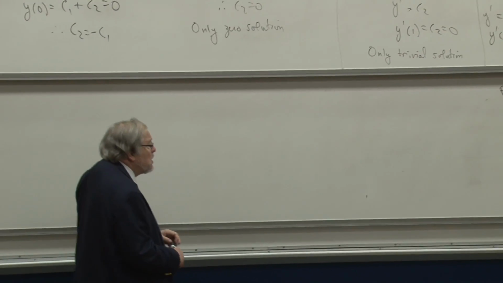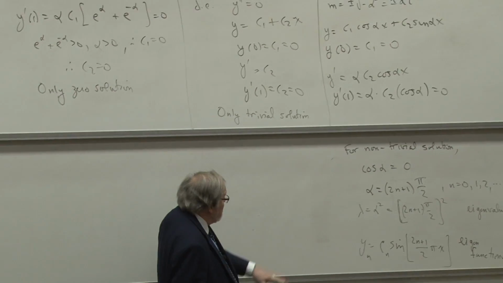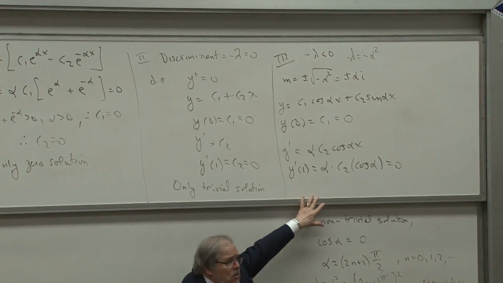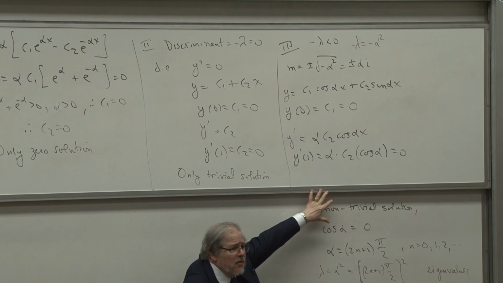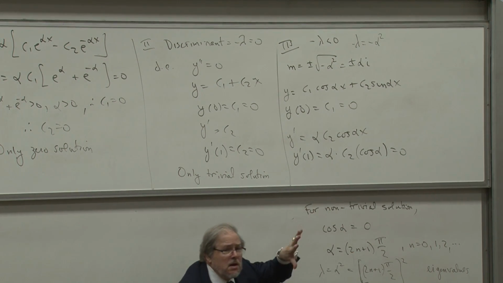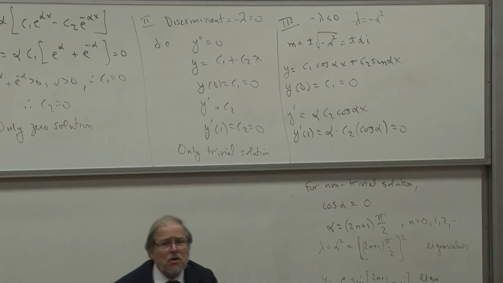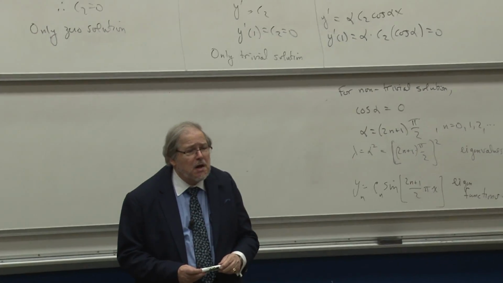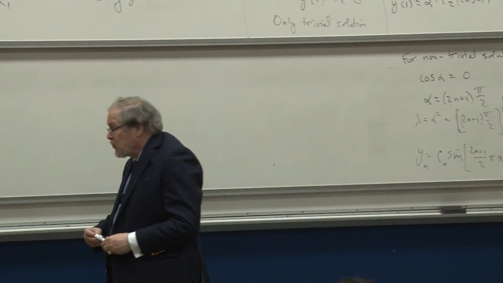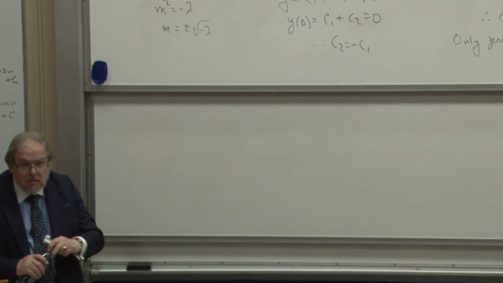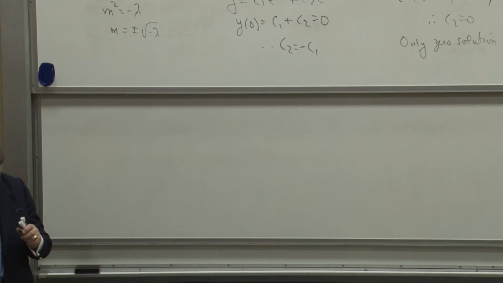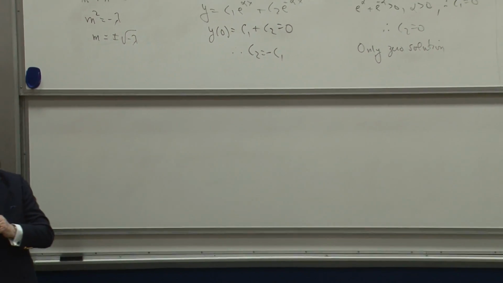But the golden part of this, the place where most of the eigenvalues and eigenfunctions arise, comes from the negative discriminant, the solutions which involve sines and cosines. So that's that.